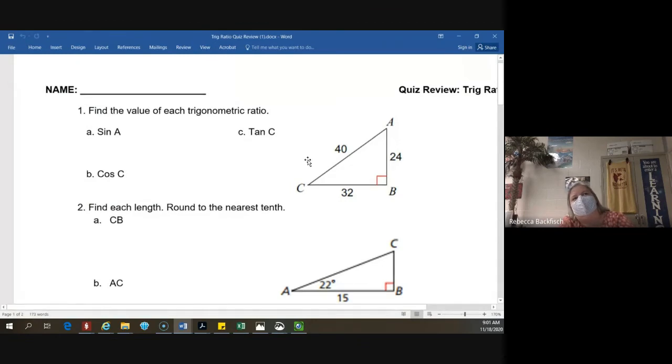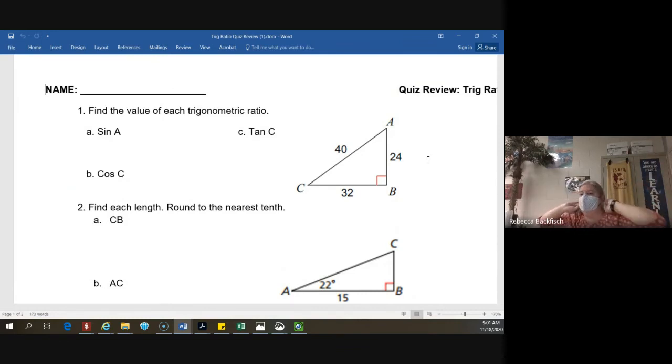Number one here, look at the quiz review. Find the value of each trigonometric ratio. Remember that if it's like this, where we're already given all the sides of the triangle, we're just setting up a what? A ratio. That's all we're doing here. So for number one, you just have to figure out whether you're going to put the opposite on top of the adjacent or the hypotenuse on top of it, whatever.